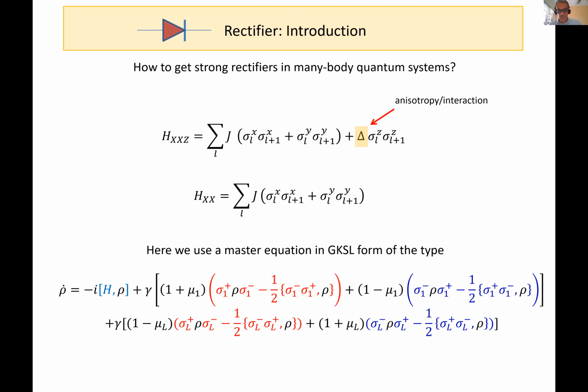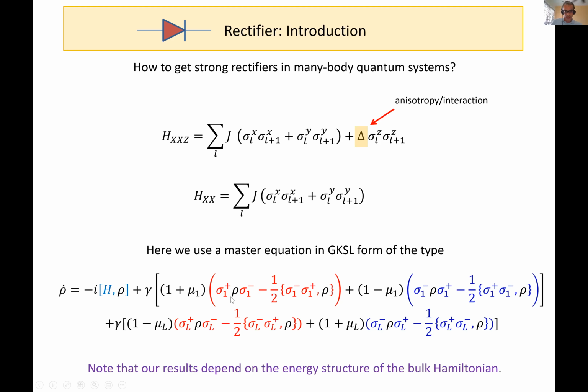One thing I would like to stress is that the results we're going to show depend on the energy structure of the bulk Hamiltonian, so they are not significantly dependent on the particular bath that we use. And when later, for one example, I talk about heat currents, we will not be using these master equations.